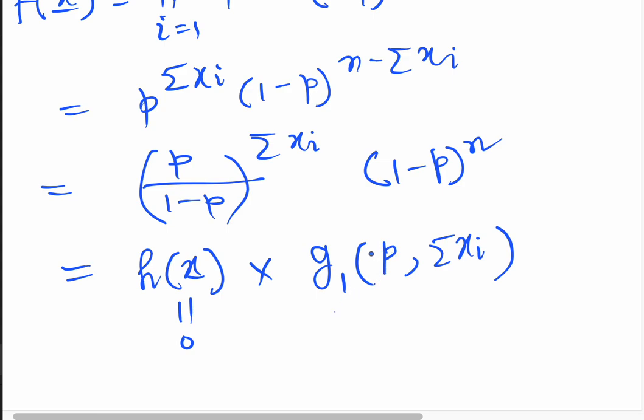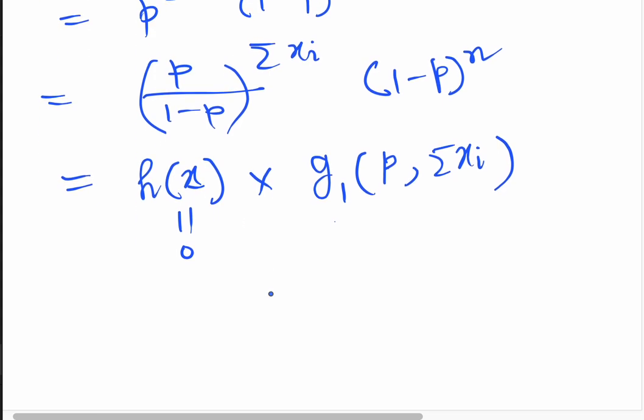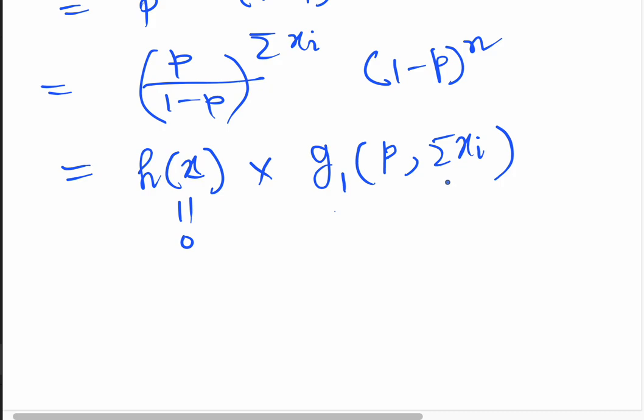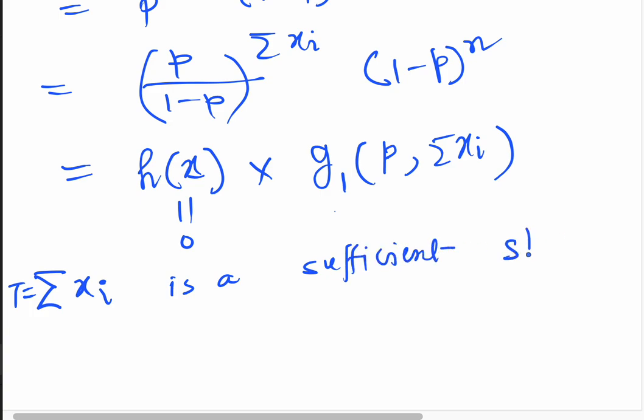So that means here p is the parameter and summation of xi is the estimator. So from the factorization theorem you can tell that the summation of xi, or T, is a sufficient statistic for this parameter p.